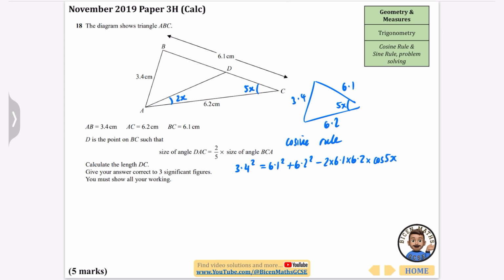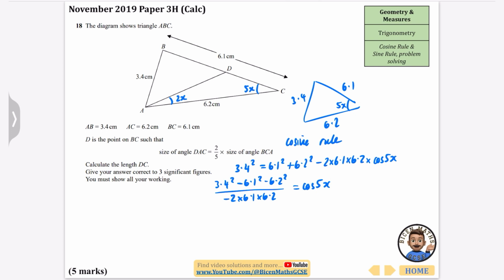Now, some people know how this rearranges. If you want to do this as a rearranging, you can do this, minus this, divided by this whole thing. So that is going to be my 3.4 squared minus 6.1 squared minus 6.2 squared, all divided by minus 2, because there'll still be a negative 2 at the beginning. It's going to be minus 2 times 6.1 times 6.2. That is the cos of 5x.